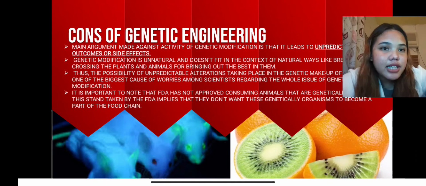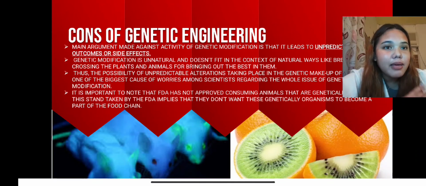This stand taken by the FDA implies that they don't want these genetically modified organisms to become part of the food chain. Okay, daghan kaayo ay gi-argue pa gid na up until now kung safe ba ang kanang ingredient kana ay GMO.